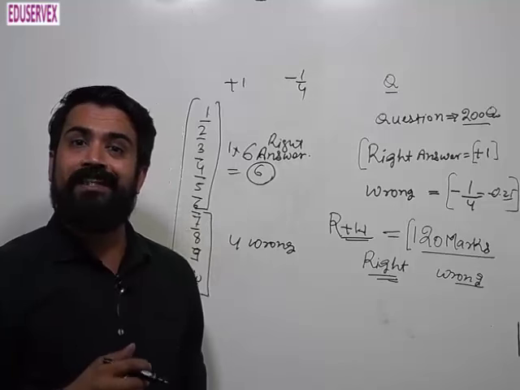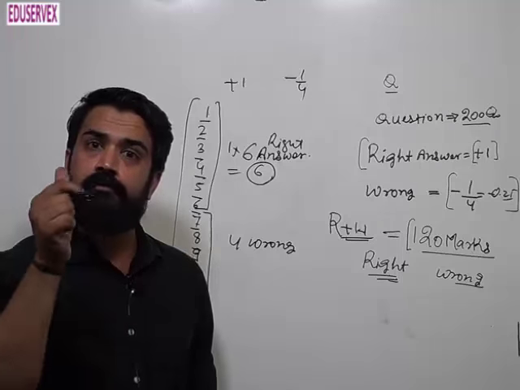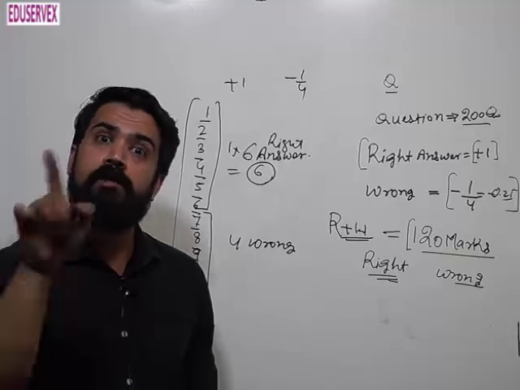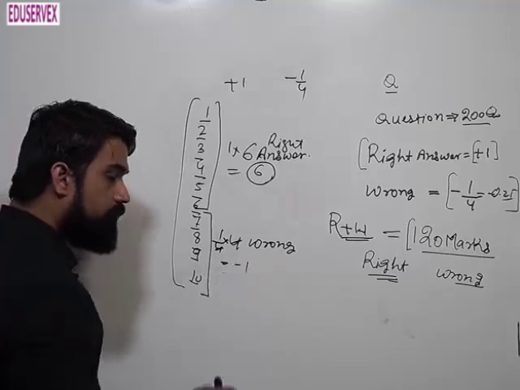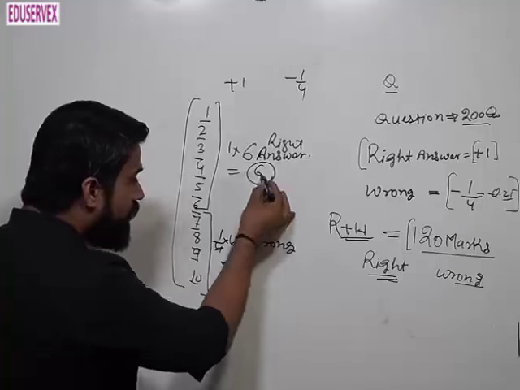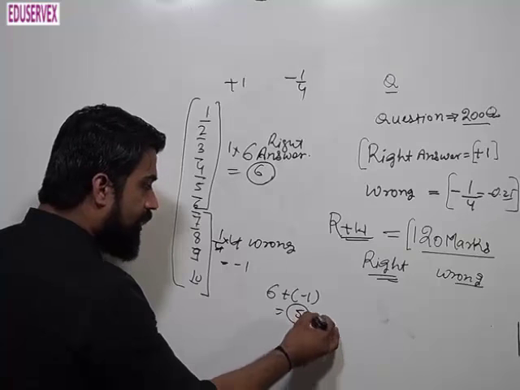For 2 he gets -1/2, for 3 he gets -3/4, and for 4 he gets -1 mark. So 6 plus -1 is 5 marks.